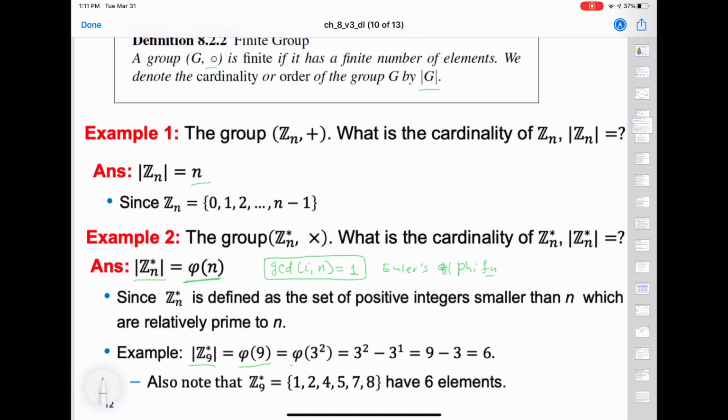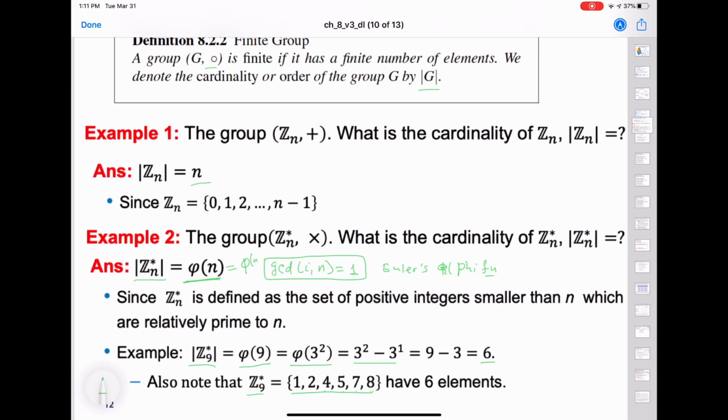After the prime factorization, it's 3 squared minus 3 to the power of 1, which gives you 6 elements. Also note that Z9 star contains 1, 2, 4, 5, 7, 8. If you count it, there are 6 elements in there. Also note that this phi function can be written that way, or it can also be written like this.